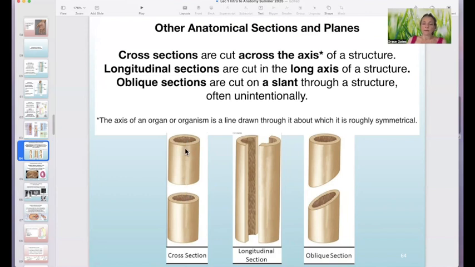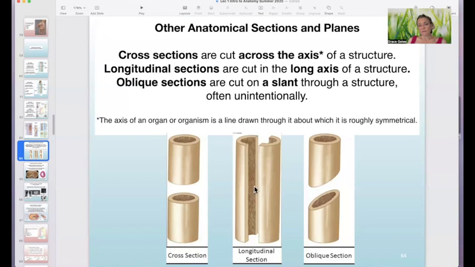So a tube. And if it was cut across, that would be a cross section across the axis, which would be a line going right through the center of the lumen, whereas a longitudinal section would be cut in the long axis of a structure. So now, cutting not across the axis, but along the axis.